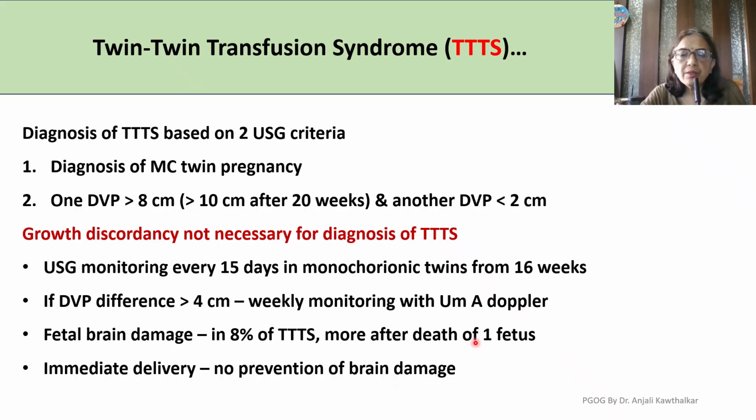There is a shift in the pressure in the vascular channels so that major blood gets shifted from the live baby to the dead baby, and that is how the live baby undergoes this brain damage. This cannot be prevented even by immediate delivery because it occurs immediately. Instant changes there lead to irreversible brain damage.